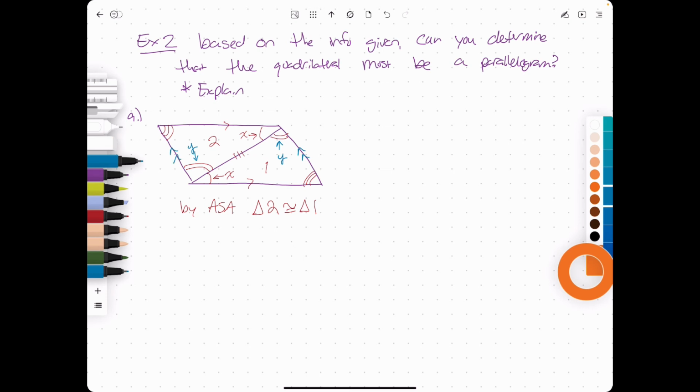What I was thinking of is look at X and Y right here. X and Y add up to this angle. So aren't those opposite angles congruent? And aren't these opposite angles congruent? So we could also say both pairs of opposite angles are congruent, which we never did add to that diagram, by the way.